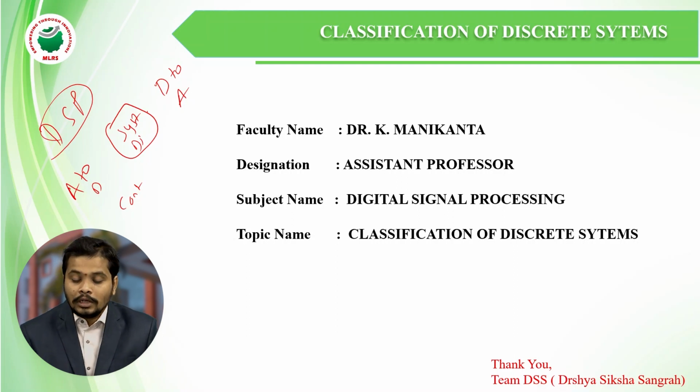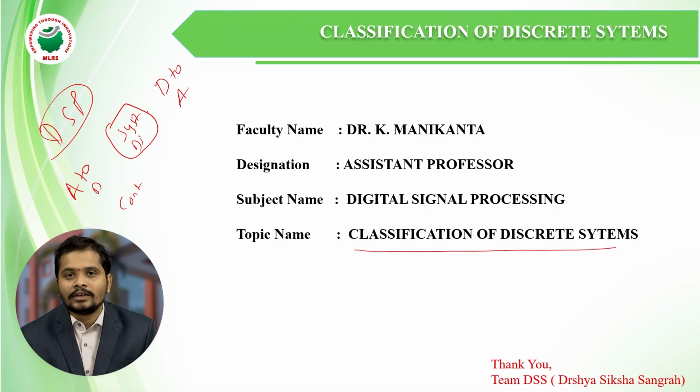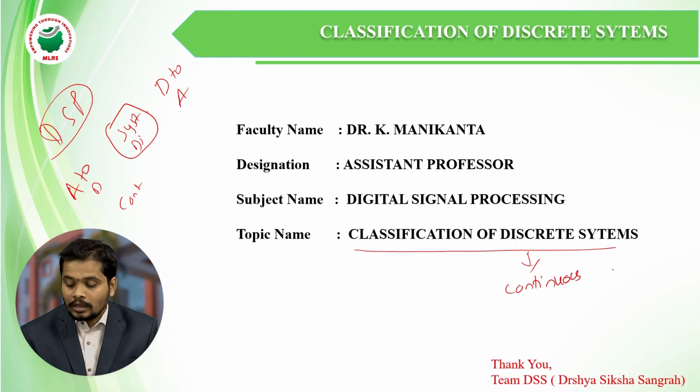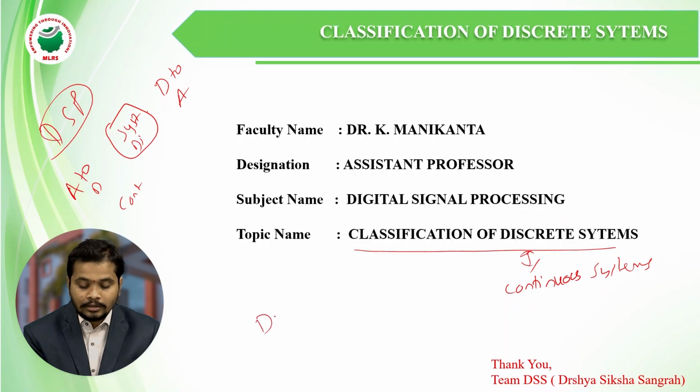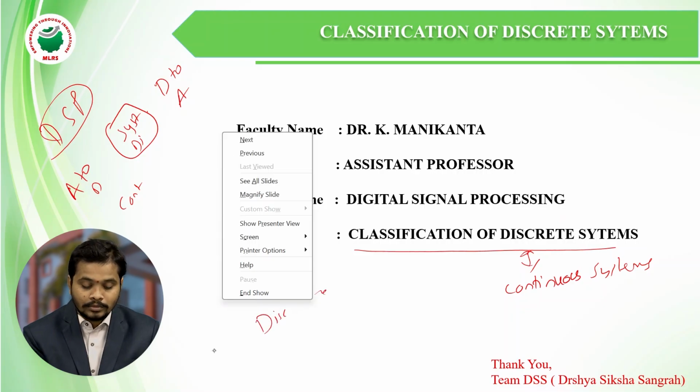Today we are discussing the classification of discrete systems, meaning how discrete systems are classified and how they are predicted by using the type of output. Whatever continuous systems have, the same systems will be there in discrete systems also, but here the input and output are in discrete format, ones and zeros.